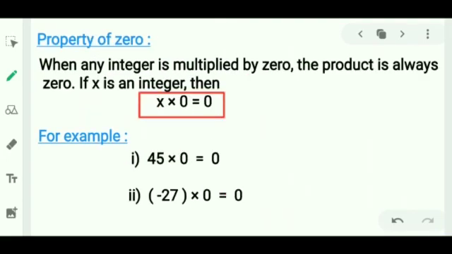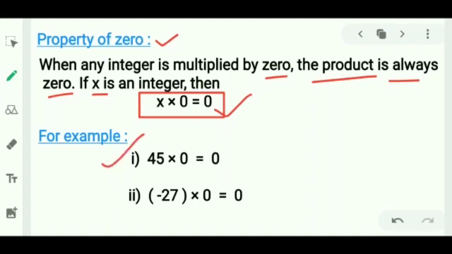Move to the next property, students. Now we have the properties of 0. When any integer is multiplied by 0, the product is always 0. If x is an integer and we multiply it by 0, then the answer becomes 0. Okay.